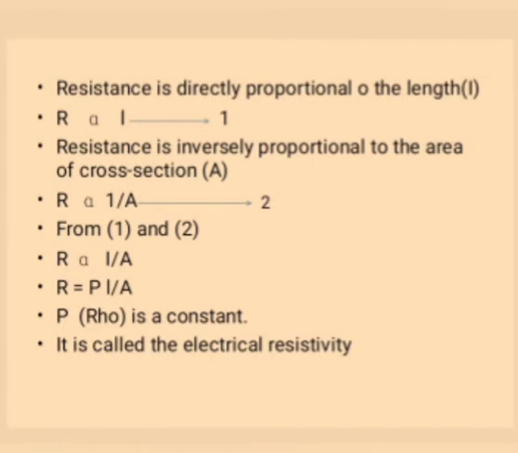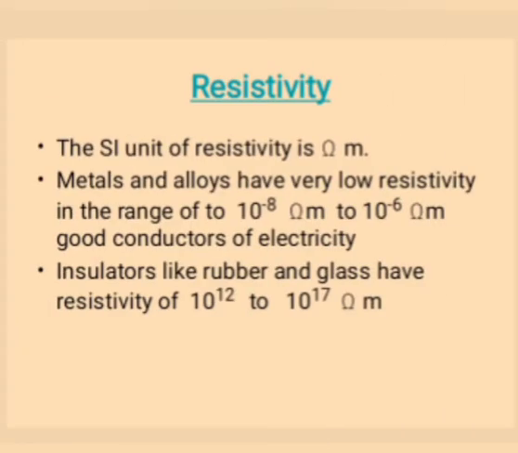Rho is a constant of proportionality and is called the electrical resistivity of the material of the conductor. The SI unit of resistivity is ohm meter. It is a characteristic property of the material.